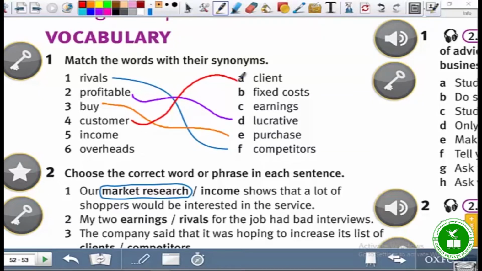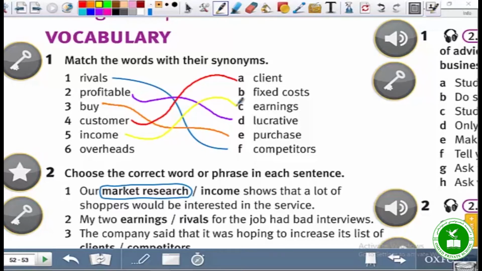Client means customer. What about the next one, number 5, income? What does income mean? Yes, income means earnings. To earn something means to have an income. And in here, it is the noun form, not the verb.